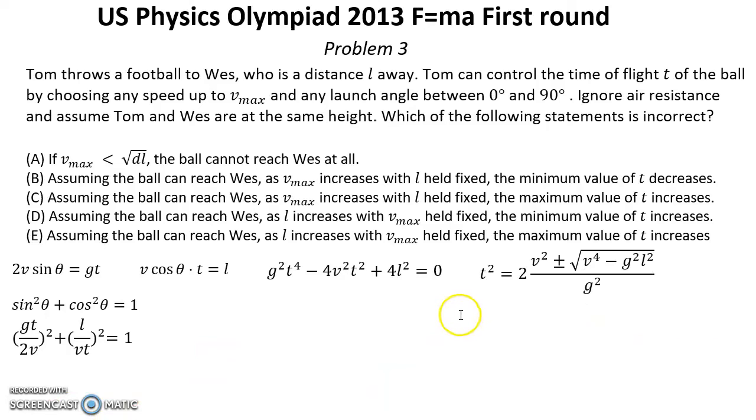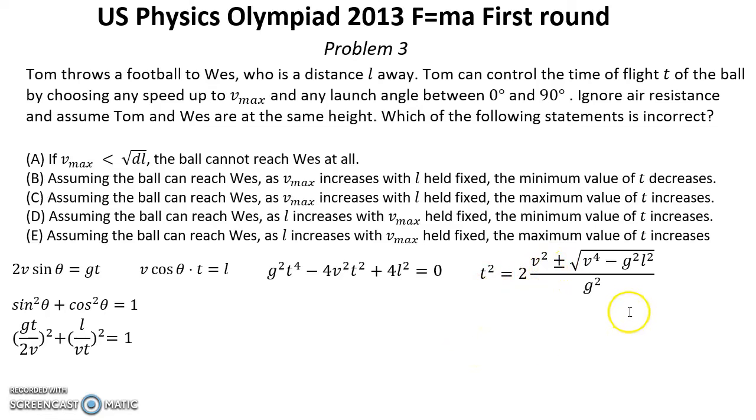First of all, we can emphasize that the root with a negative sign is responsible for minimum time, which is for angles less than 45 degrees, and the positive sign is for angles theta equal to 90 minus theta.